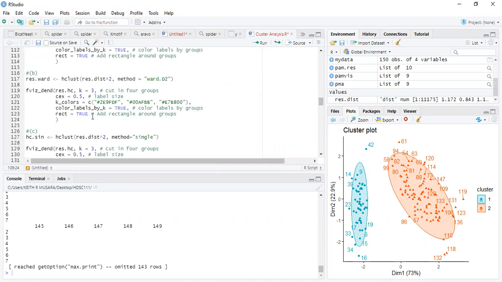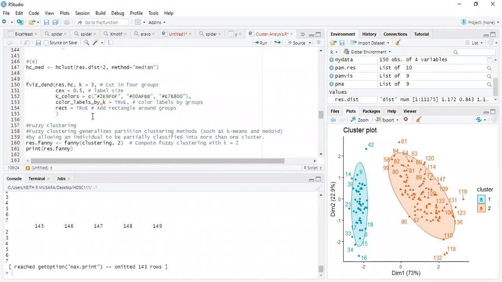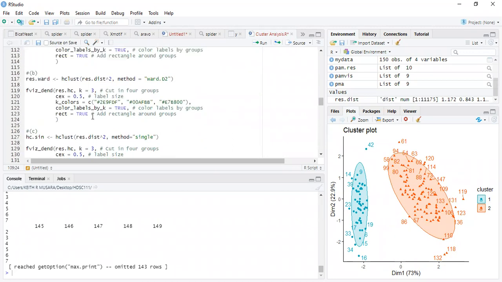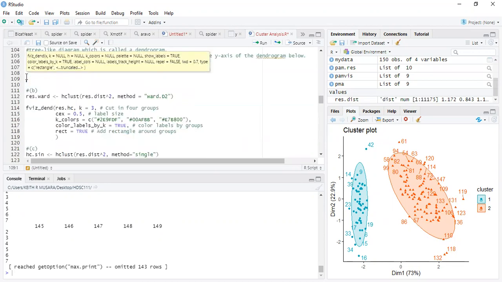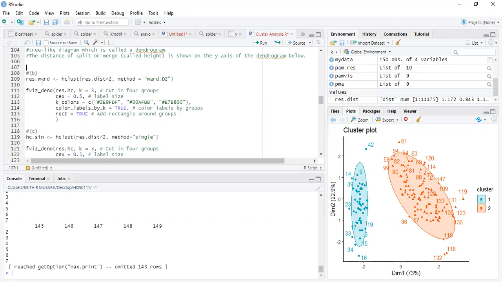What mistake did I make? Okay, this command wasn't supposed to be here. Since we have used k-means and PALM, we probably have a hint on the number of clusters that you can select. Okay, I see what I did.